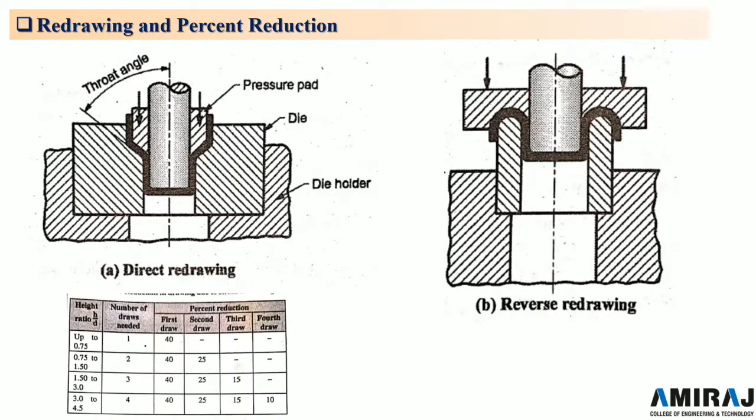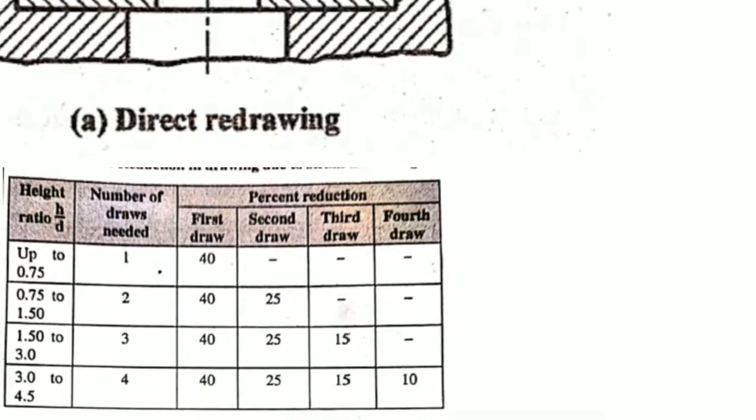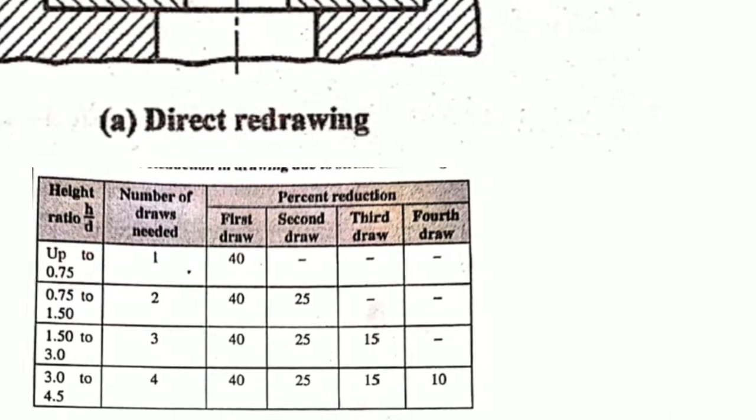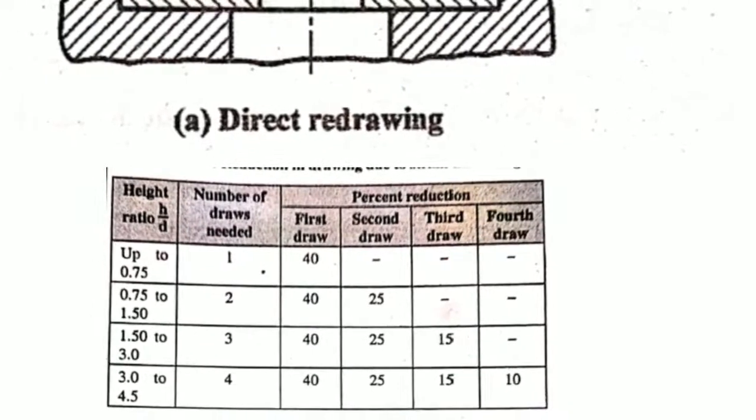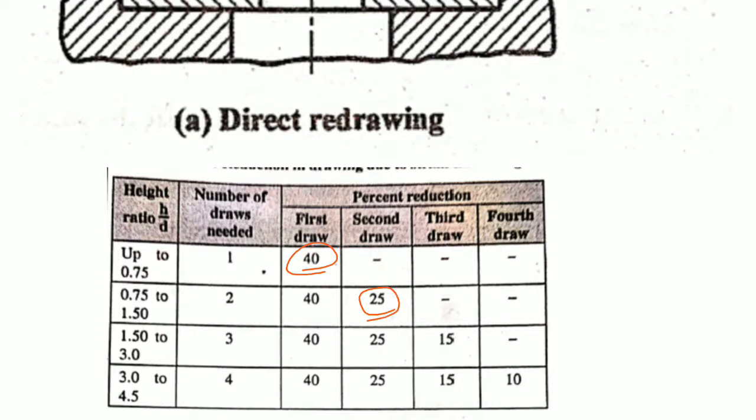Here you can see in the table, with a change in height ratio and the number of draws needed, the percentage reduction changes: for the first draw there is 40%, for the second it is 25%, for the third draw it will be 15%, and in the last, fourth draw, it will be 10% reduction. So the height to diameter ratio is also very much important.